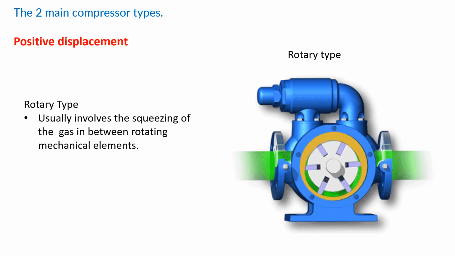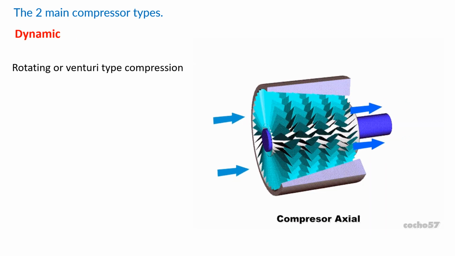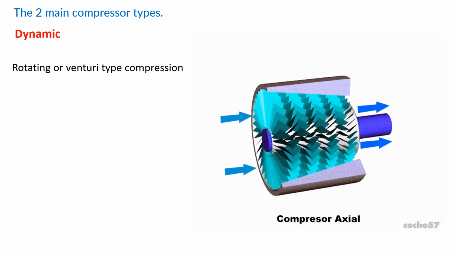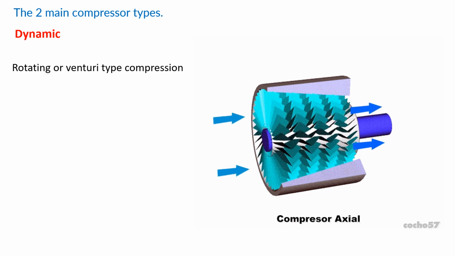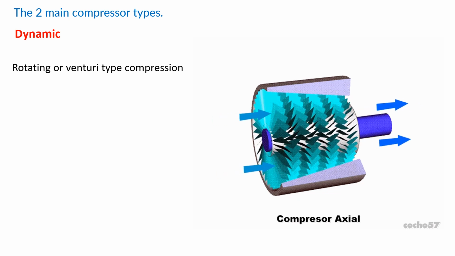Here we can see another type of positive displacement compressor, and this is a rotary type. This usually involves the squeezing of the gas between 2 rotating mechanical elements. Dynamic is the second main compressor type. This works by accelerating the gas or the air, then storing it under pressure in a reservoir.